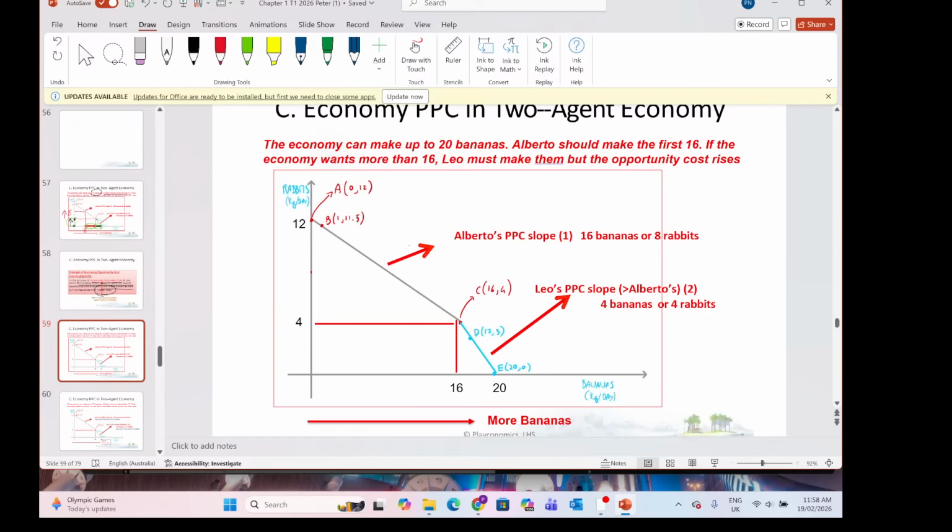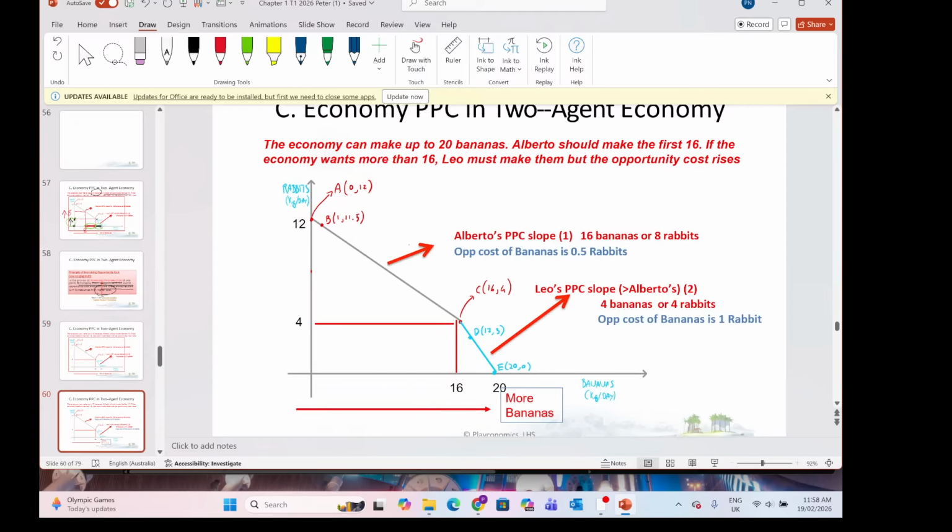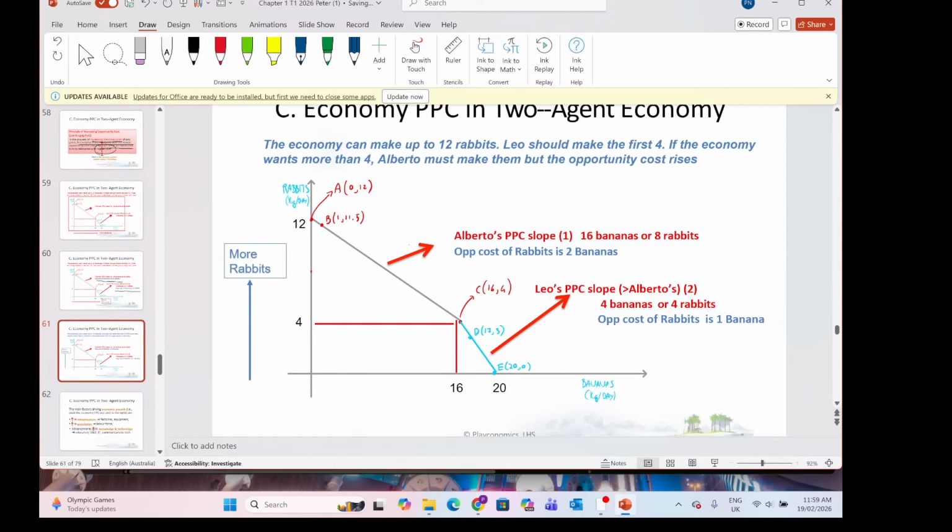I don't think we need this slide. I think I've already talked you through the principles here, except to show in this slide that these slopes represent the different opportunity costs, and then we can show the rising opportunity costs as we increase one product or the other.